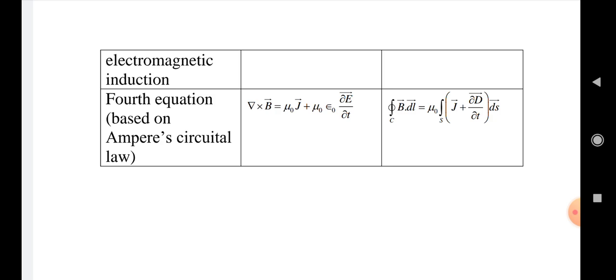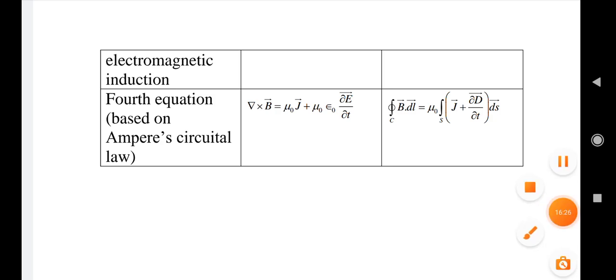In integral form, the closed line integral of B bar dot dl bar is equal to mu naught times the surface integral of J plus del D by del t dot dS bar.